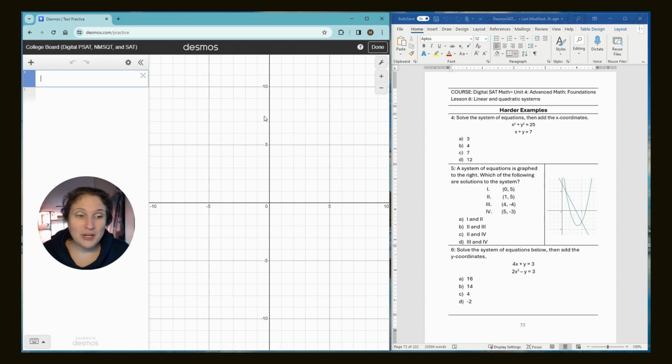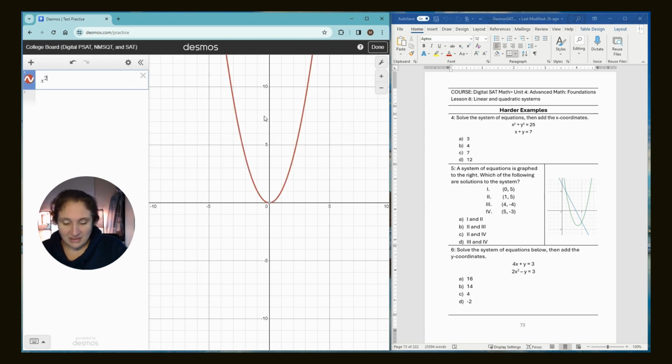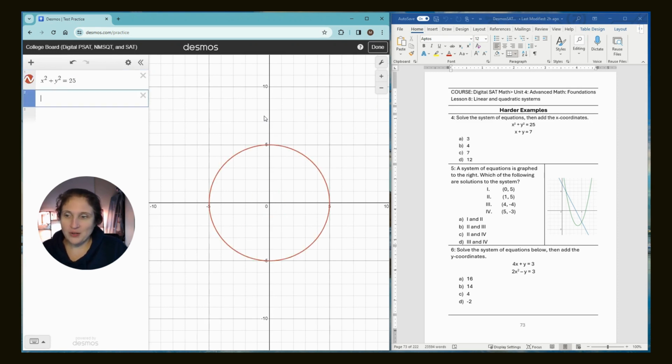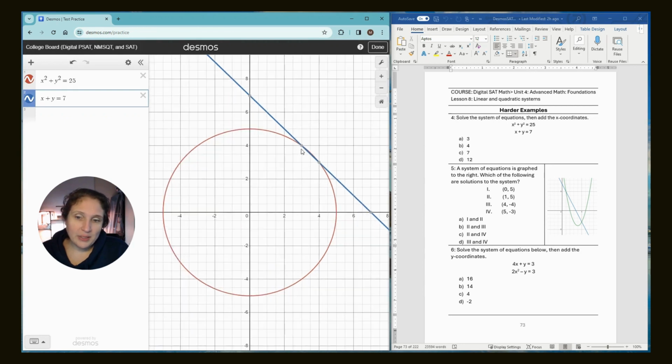Solve the systems of equations, then add the x coordinates. So we're going to do x squared plus y squared, and by now you're saying shift 6 every time you put an exponent in if you've watched my other videos. So we have a circle. Then we have x plus y equals 7. As I zoom in, I can see that there's 2 intersections.